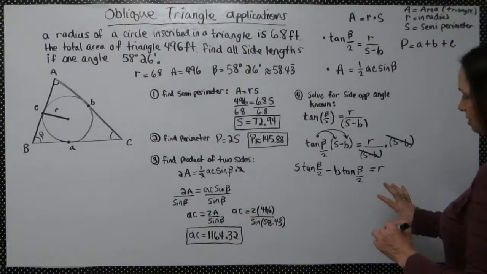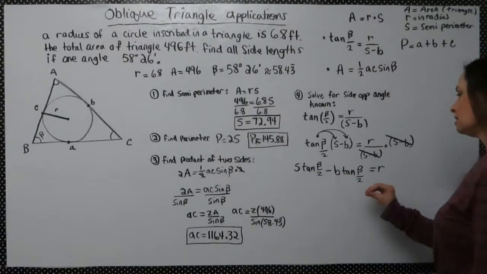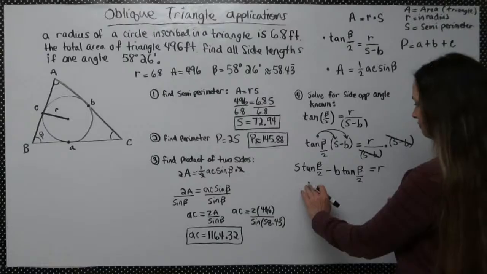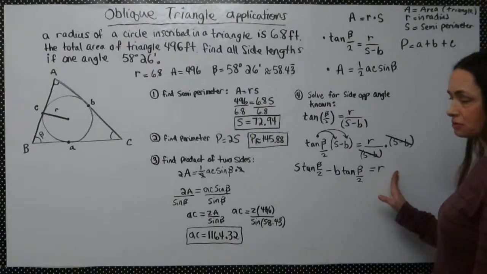Now, I'm isolating the term that has B in it. So I'm going to do that by subtracting this entire quantity here from both sides. And it's positive here, it's going to pop up negative on the other side.